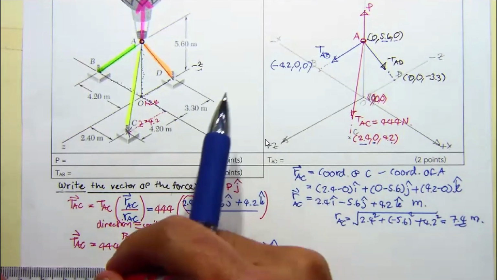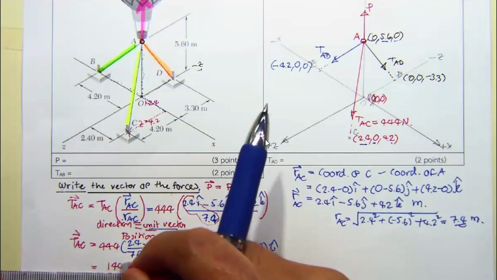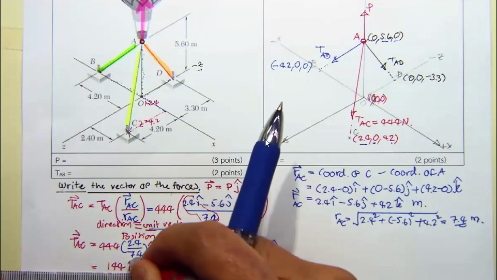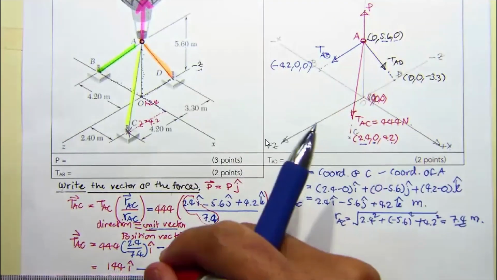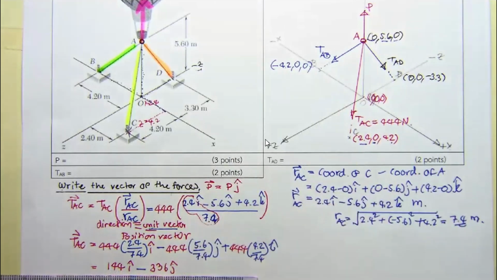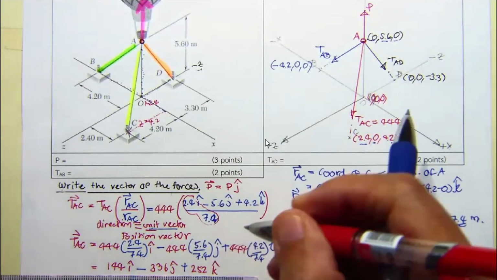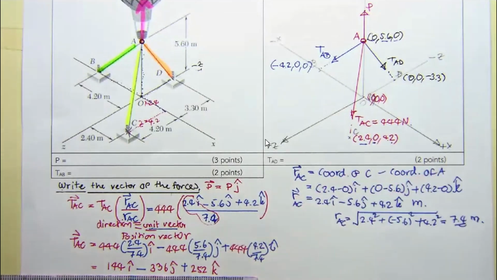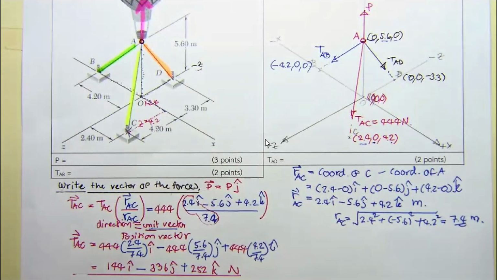It's going to be the first one, 1, 4, 4 I, and then minus 3, 3, 6 J, and then plus the last one, 252 K. Okay, and that's going to be in unit of Newton, and the magnitude of this one is going to be 444.